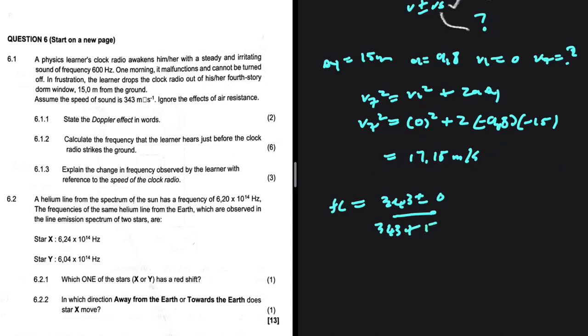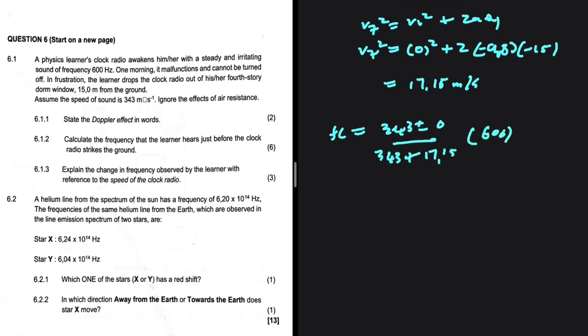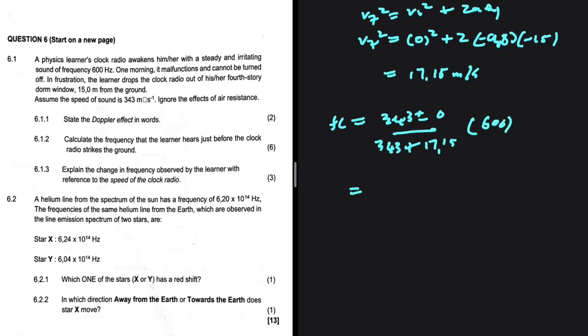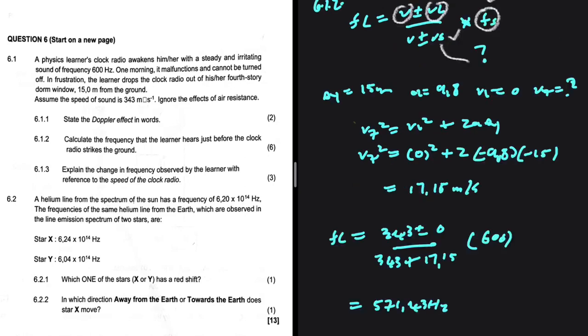So plus 17.15, everything multiplied by the frequency of the source, which is 600 Hz. If you put that in your calculator, you should get 571.43 Hz.